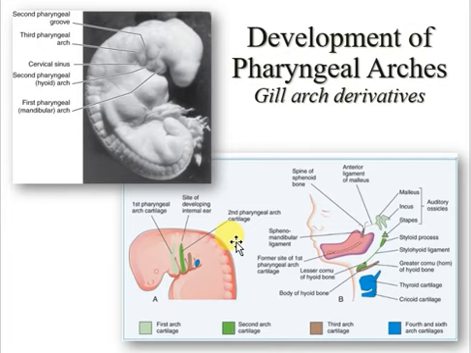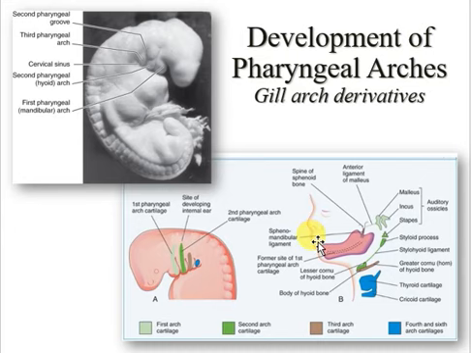With the mandibular arch, your first pharyngeal arch cartilage divides into the maxillary process and mandibular process. Now, your mandibular process differentiates into the malleus, incus, the sphenomandibular ligament, and then the mandible itself, which is your lower jaw.